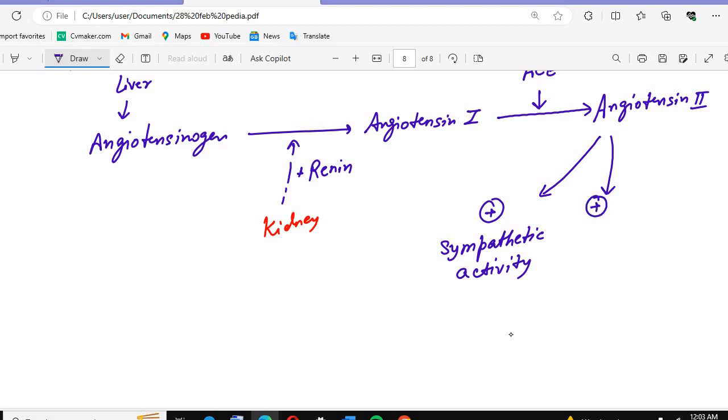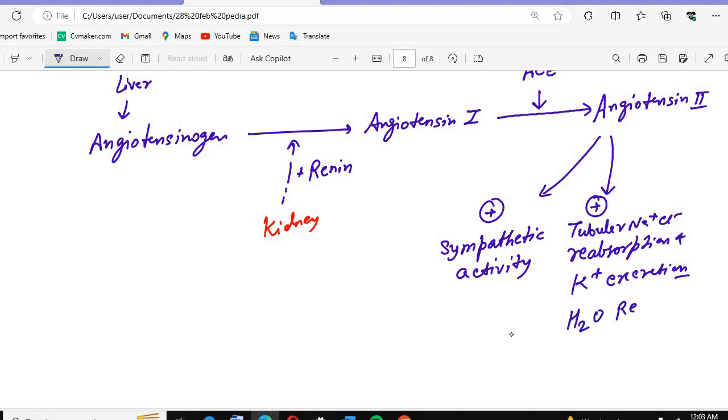They stimulate tubular sodium chloride reabsorption and potassium excretion. If there is sodium reabsorption, there is water retention as well.